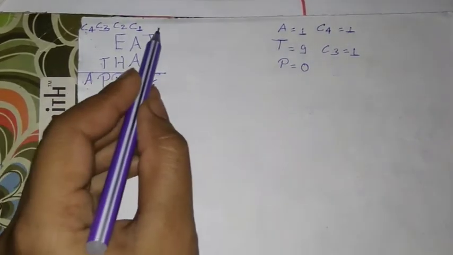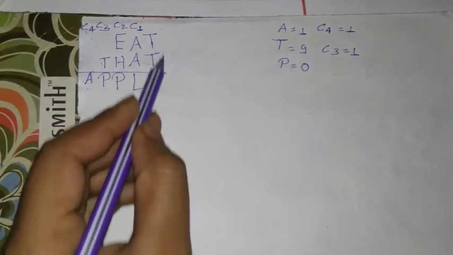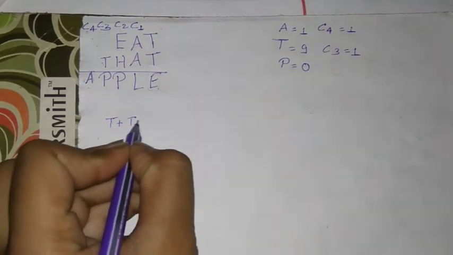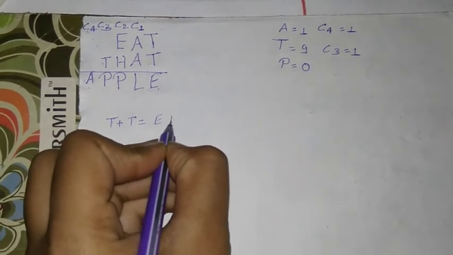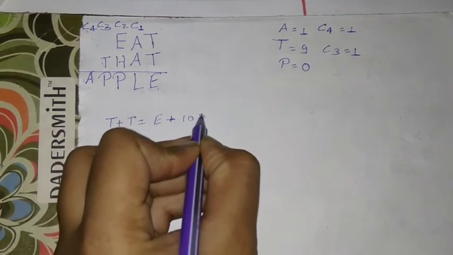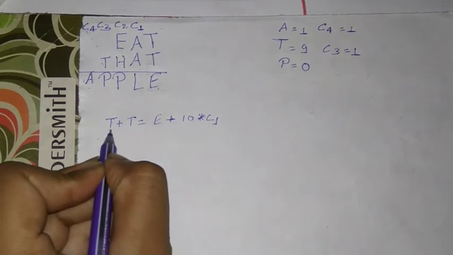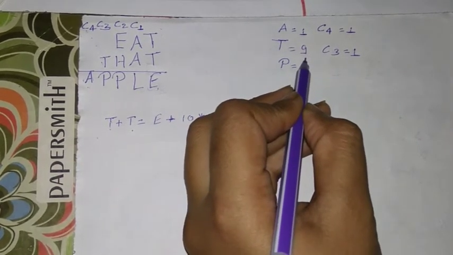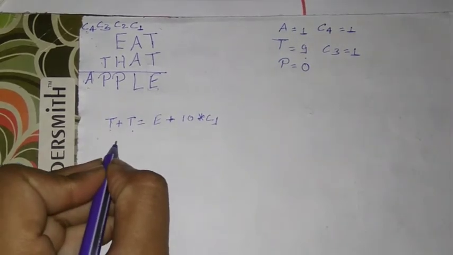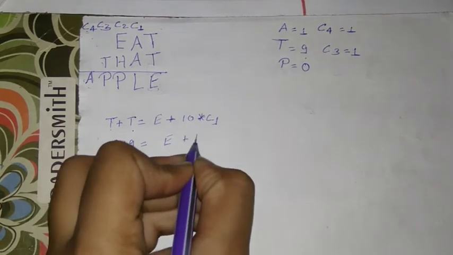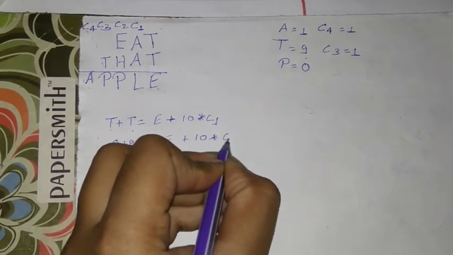Now we make the equation for this column. So here we write T plus T equals E plus 10 into C1. Here the value of T we already solved, that is 9. So here we put the value 9 plus 9 equals E plus 10 into C1.